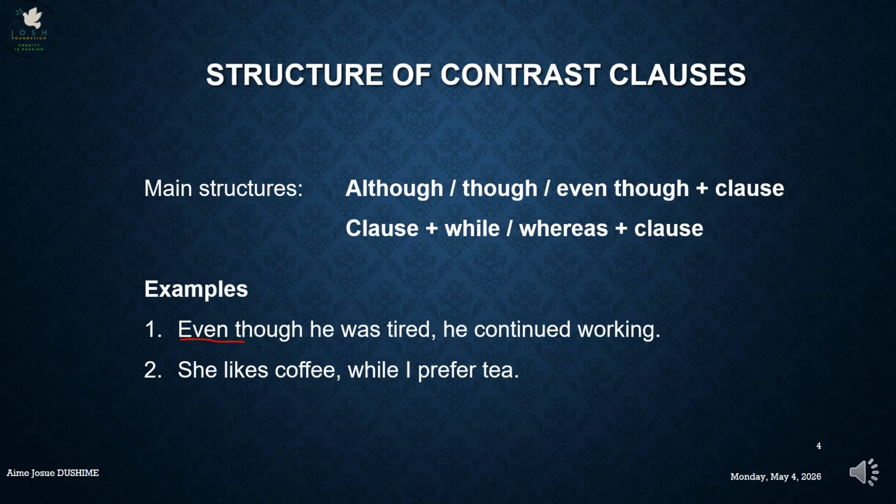I started with a linking word here. After the linking word, I have the first clause and the second clause. That's the first structure. Then the second structure, what do I have? I have a clause, I have a linking word, which is while, then I have the second clause, as the second structure.